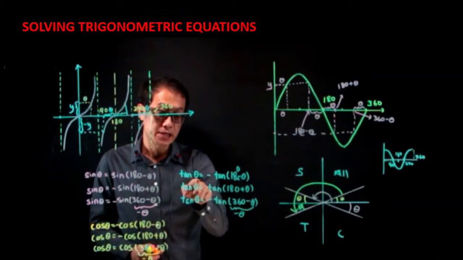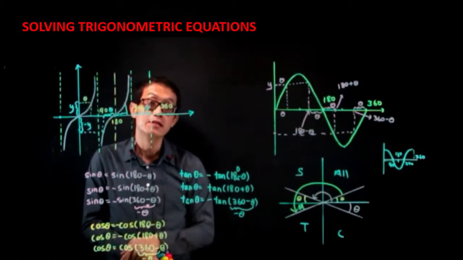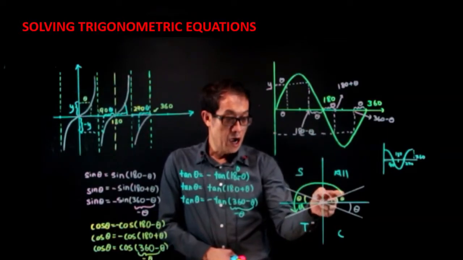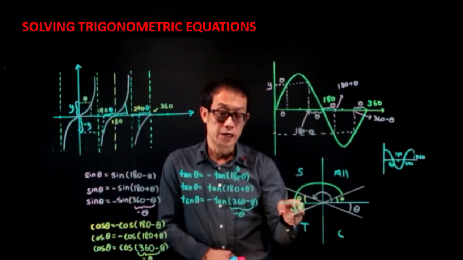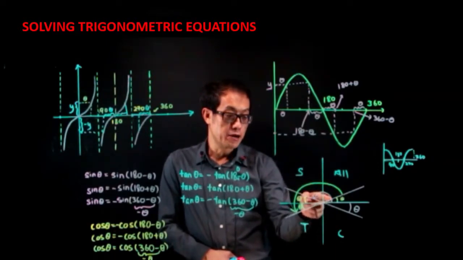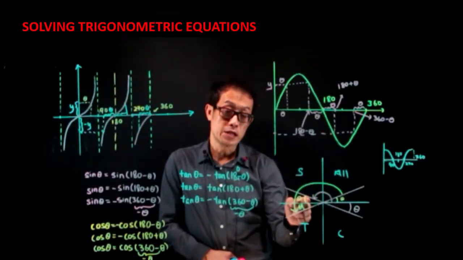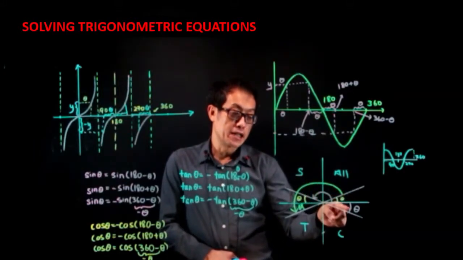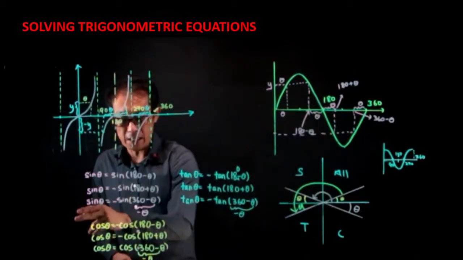If theta is the basic angle, then 180 minus theta will also have the same basic angle as theta, and so will 180 plus theta. 180 plus theta is here, and the basic angle is theta. 180 minus theta is this angle here, and its basic angle is also theta. Now this part is 360 minus theta, here, and this is the basic angle. So all these angles have the same basic angle.